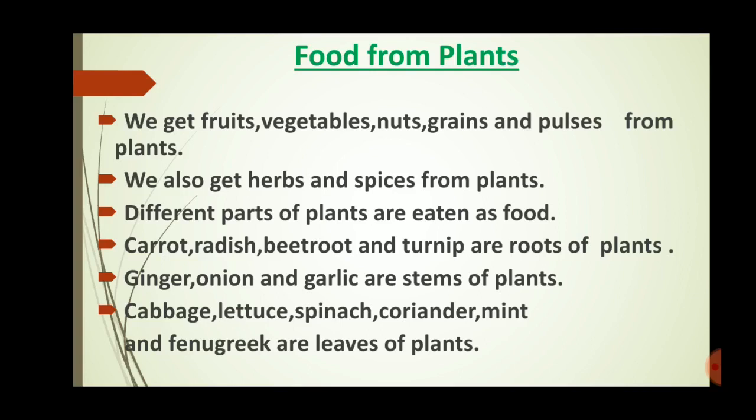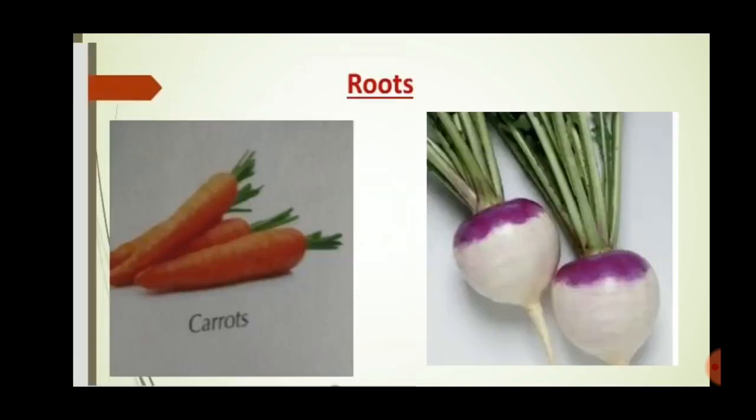Similarly, plants also have several parts to perform various activities, like root, stem, flowers, fruit, and seeds. Different parts of plants are eaten as food. Children, do you know which part of the carrot plant we eat? Or which part of the garlic or sugarcane plant we eat? Children, we use the root of the carrot plant. Carrot, radish, beetroot and turnip are the roots of plants.